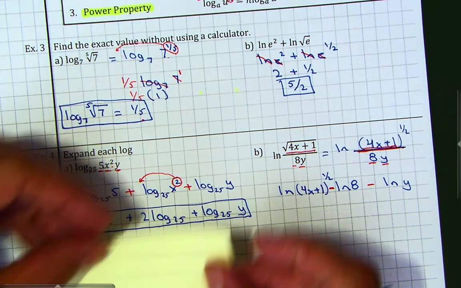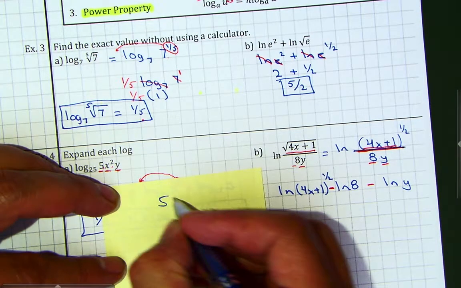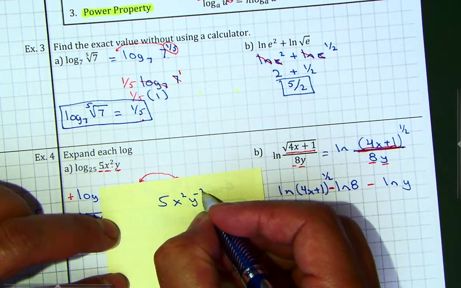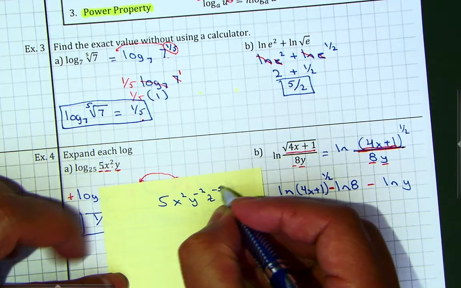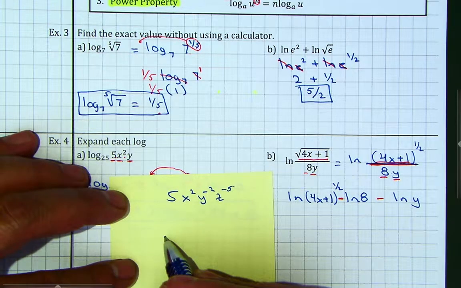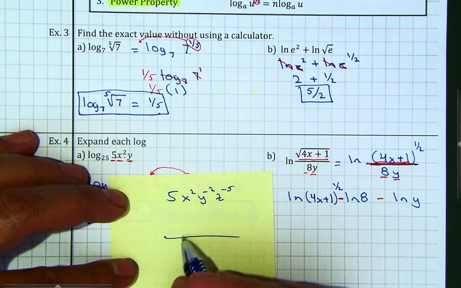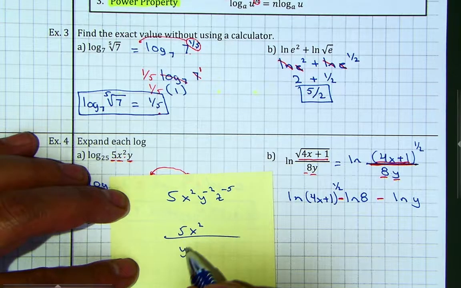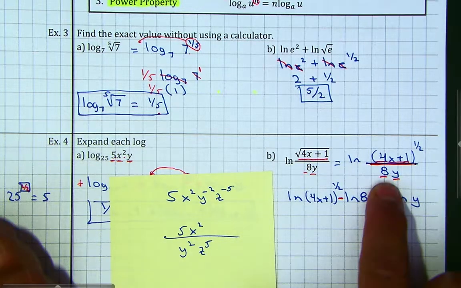What if I have the following expression? 5x squared y to the negative 2 z to the negative 5. What happens if you have negative exponents? They go on the denominator. The 5 has a positive exponent, the x has a positive exponent, the y has a negative exponent, and the z has a negative exponent. So they go on the denominator.